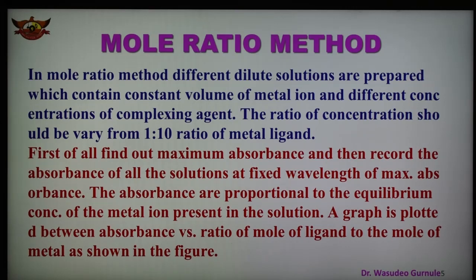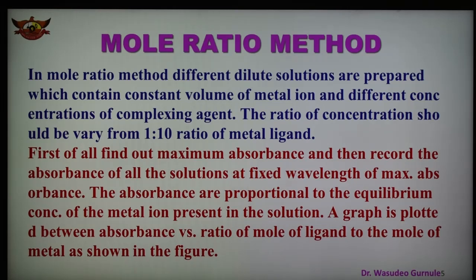As we know, absorbance is proportional to the equilibrium concentration of the metal ion present in the solution. Therefore we have to plot a graph between absorbance versus ratio of mole of the ligand to the mole of the metal, and this plot is shown in this figure.